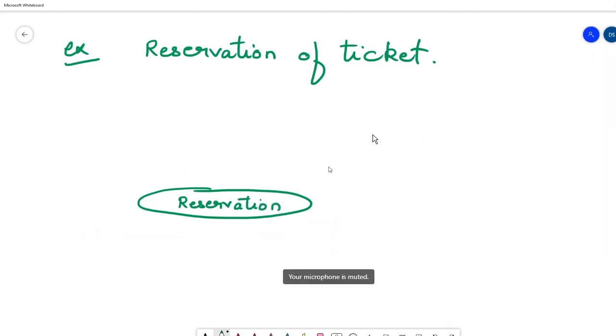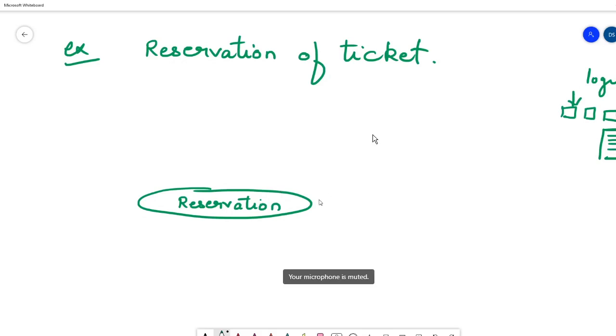If I'm making a reservation for myself, I've checked the status of the tickets. Now I want to book it for myself. I want to reserve it. So when I click on availability, it asks me to log in. That website page has various reservation facilities, but without login, I cannot use them.